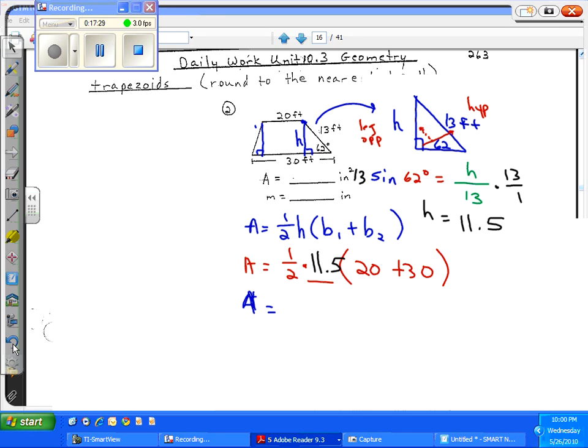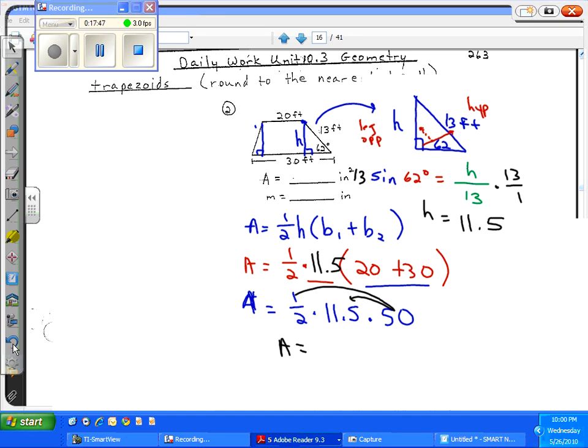And then we continue solving. So area equals 1/2 times height 11.5 times sum of bases 50. So now we're going to multiply.